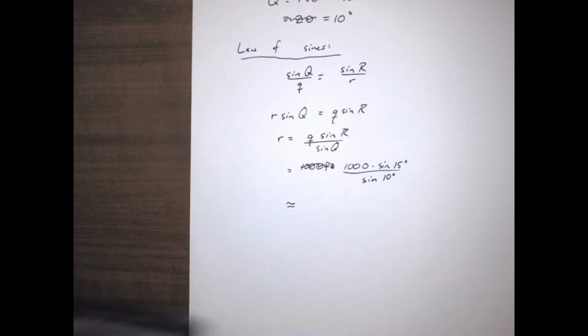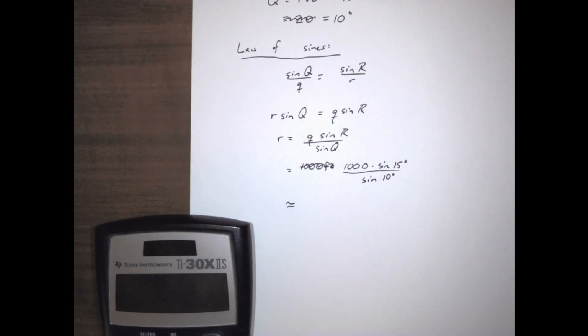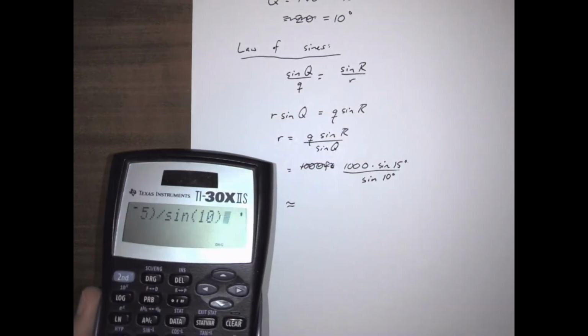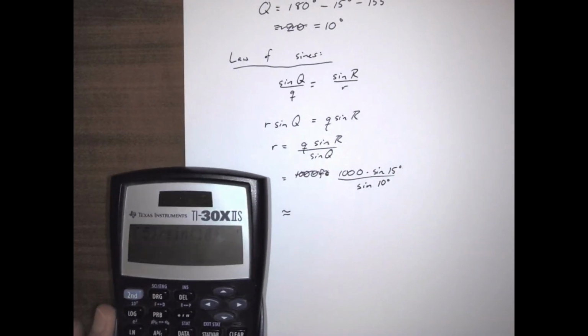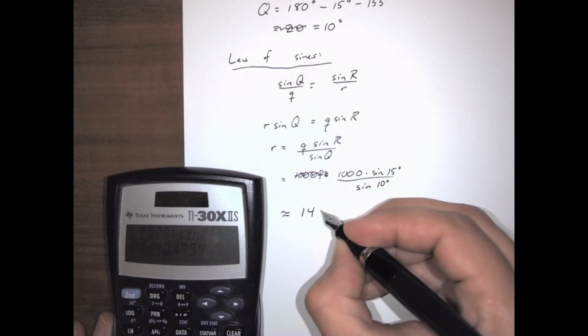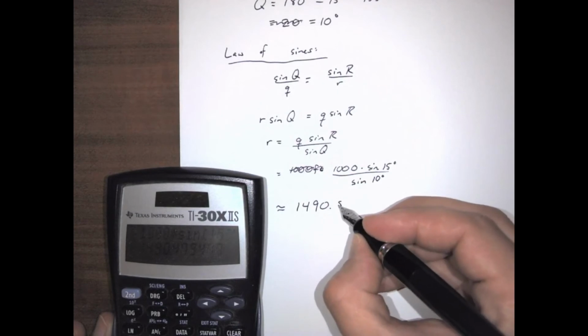And so then we calculate 1,000 times sine 15 divided by sine of 10. So I just entered it in as I said, and I get 1,490.48 feet.